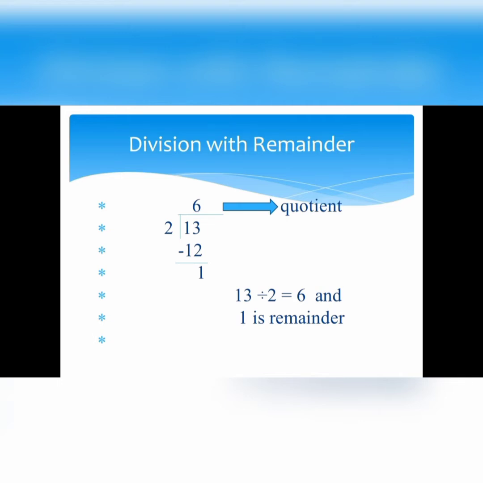It means 13 divided by 2 is equal to 6, and 1 is left. Step 2, write 6 on the top and subtract 12 from 13. Step 3, you will get a remainder of 1. Thus 6 is the quotient and 1 is the remainder.